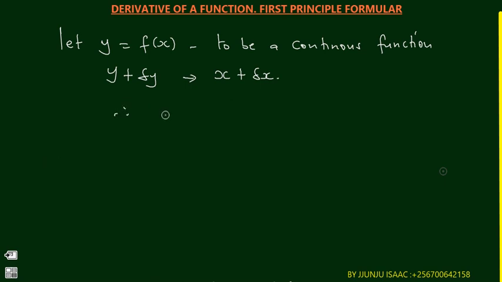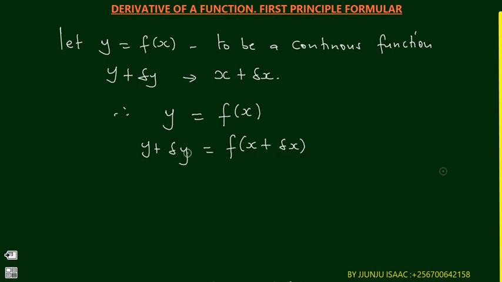Therefore, for y equal to f of x, y plus delta y will be equal to f of x plus delta x. Delta x, delta y, these are the increment in y and the increment in x.